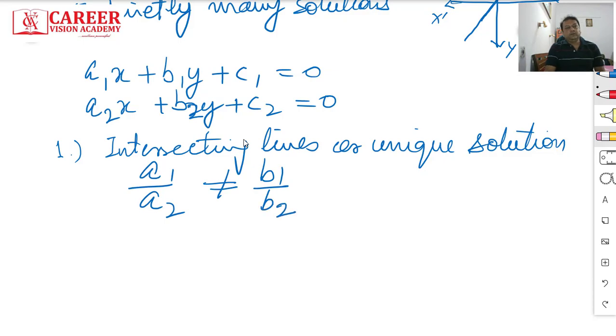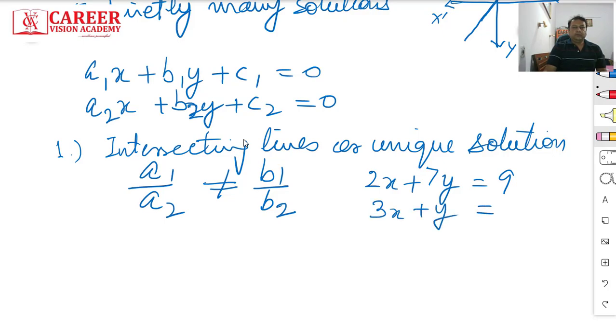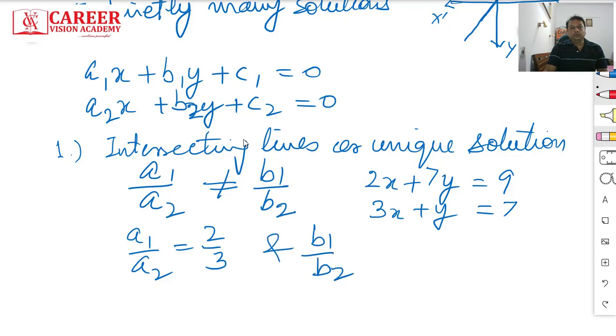This is the condition. Suppose I have two equations, say 2x plus 7y is equal to 9, and 3x plus y is equal to 7. If I find a1 upon a2, it is 2 upon 3, and b1 upon b2 is 7 upon 1.